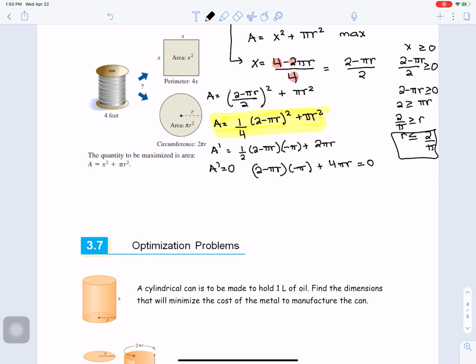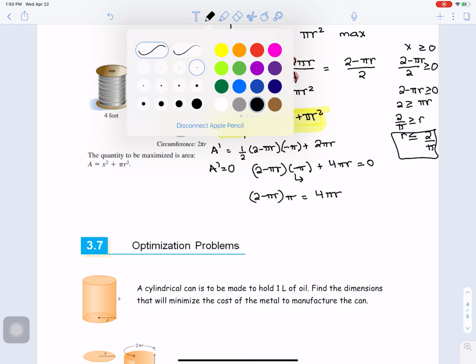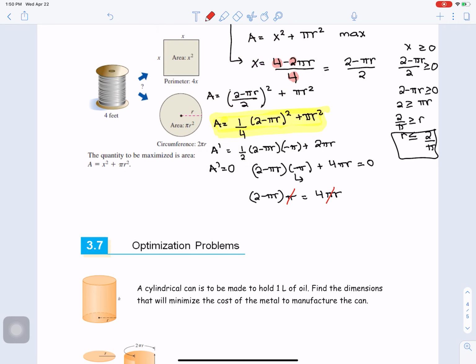I'm going to move this term to the other side, so 2 minus pi r, it's a negative sign, so I'm going to change it to a positive sign, equals 4 pi r. Divide both sides by pi.